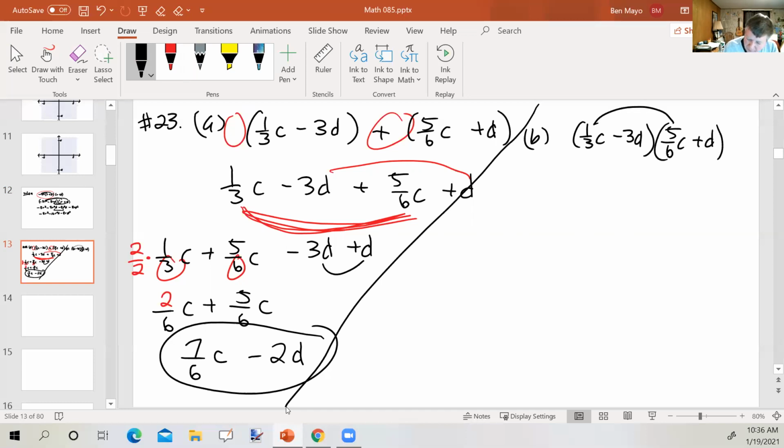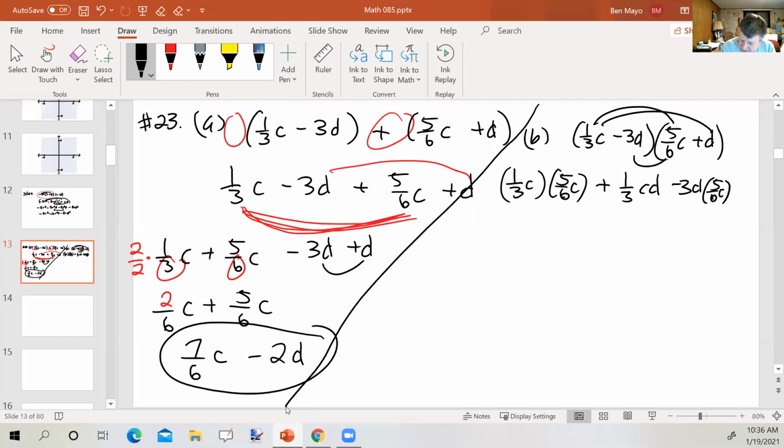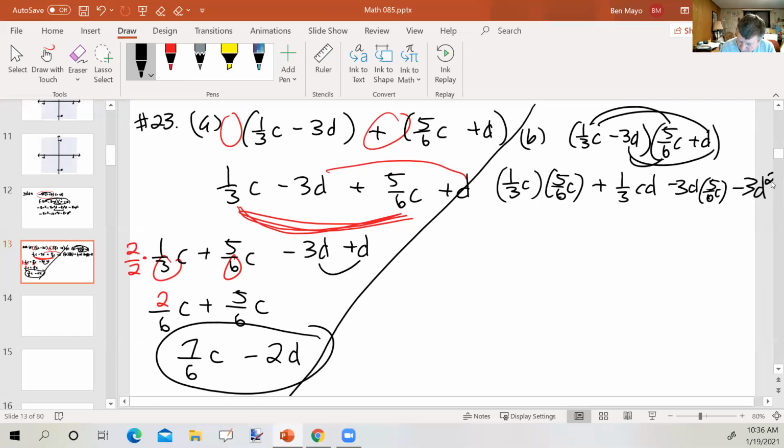So 1/3 c times 5/6 c, plus 1/3 cd, minus 3d times 5/6 c, minus 3d squared.